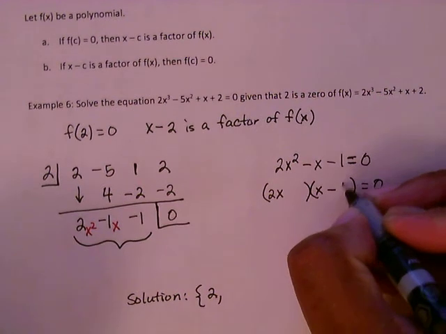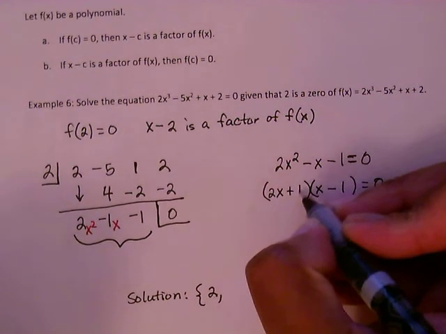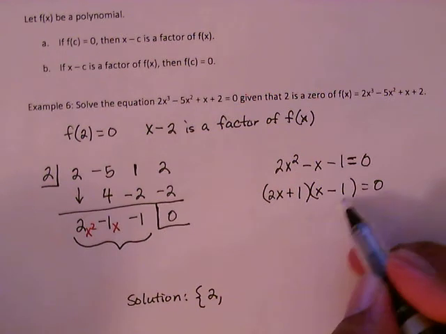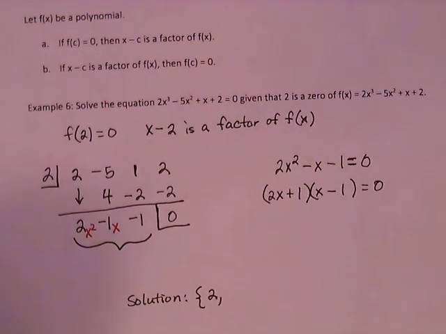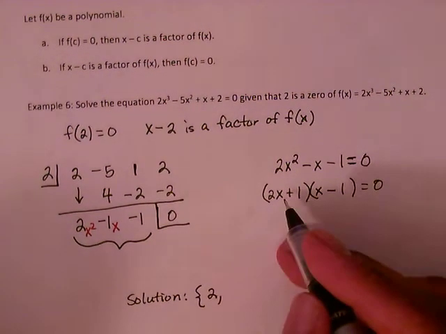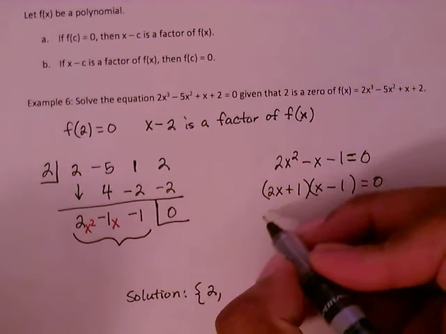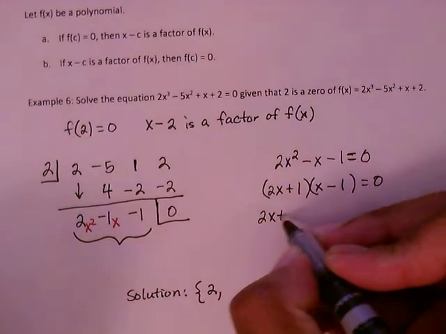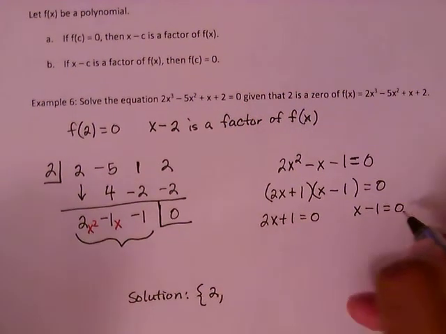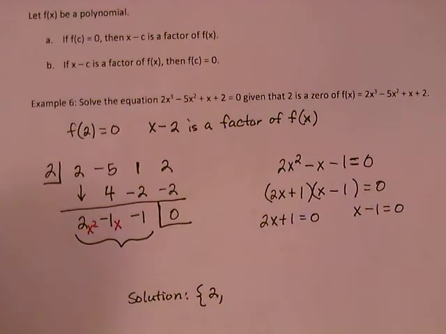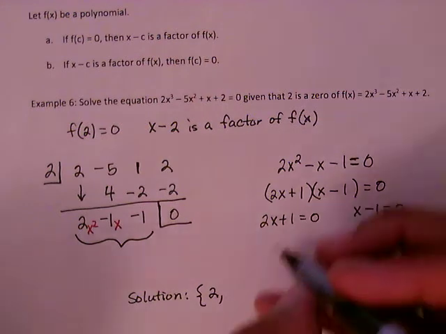So if I make this one negative here and this one positive here, then that means minus 2x and a plus 1x will give me negative x. So here I got 2x plus 1 times x minus 1 equal to 0. And then I'm going to set these two binomial factors to be equal to 0. So here I'm going to have 2x plus 1 equal to 0 and x minus 1 equal to 0. And then solve for x.